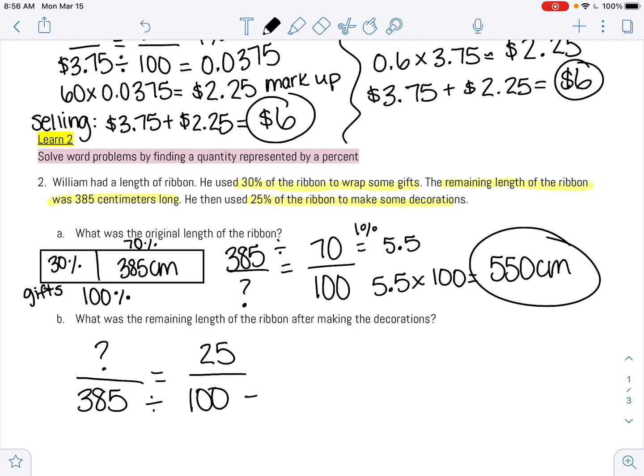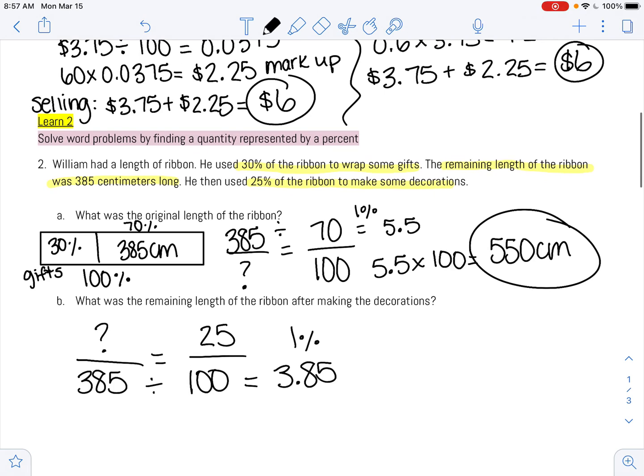We'll divide to find our 1%. We're going to multiply by 25 to find our 25%. So 96.25 centimeters would be for decoration.